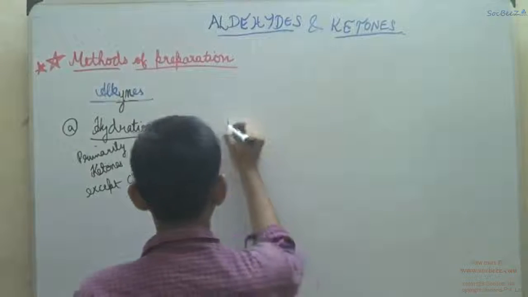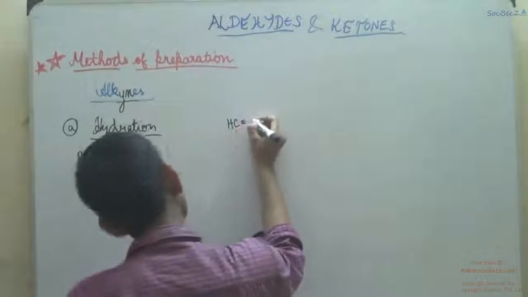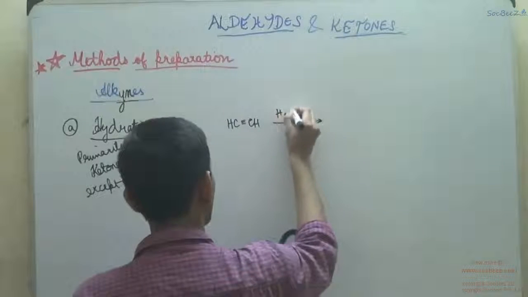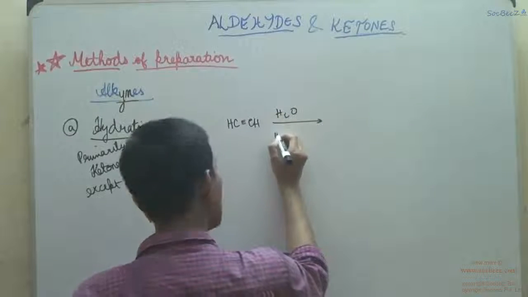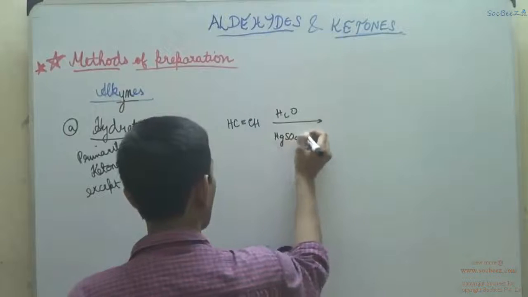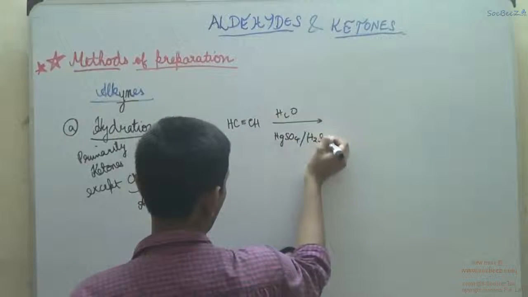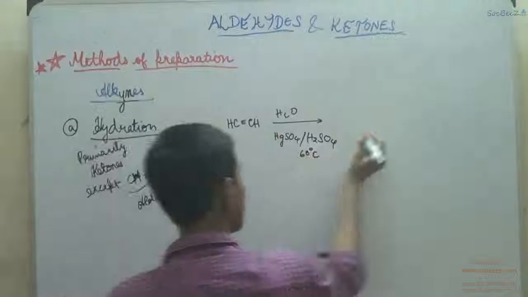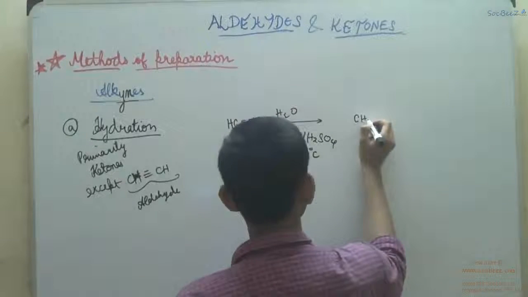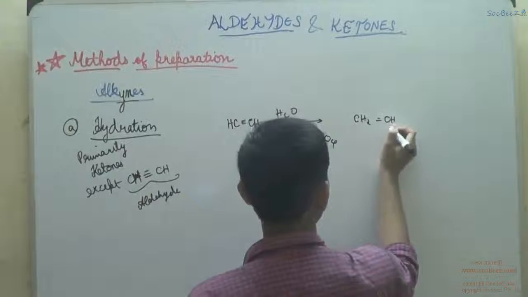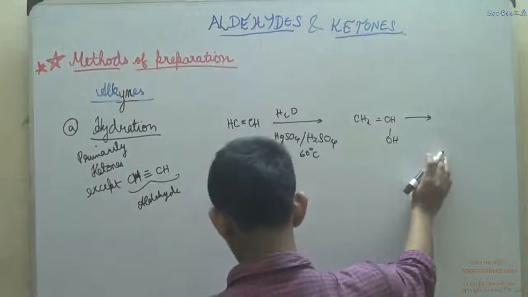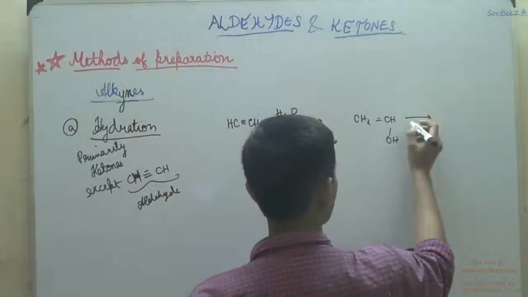So I'll do acetylene because I like it. You treat it with water in the presence of HgSO4 and sulfuric acid at 60 degrees Celsius. You get CH2=CH-OH, Markovnikov's addition, and then what happens?